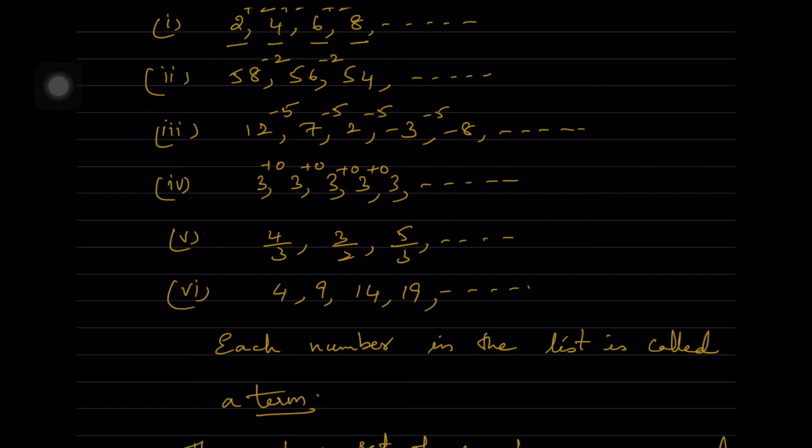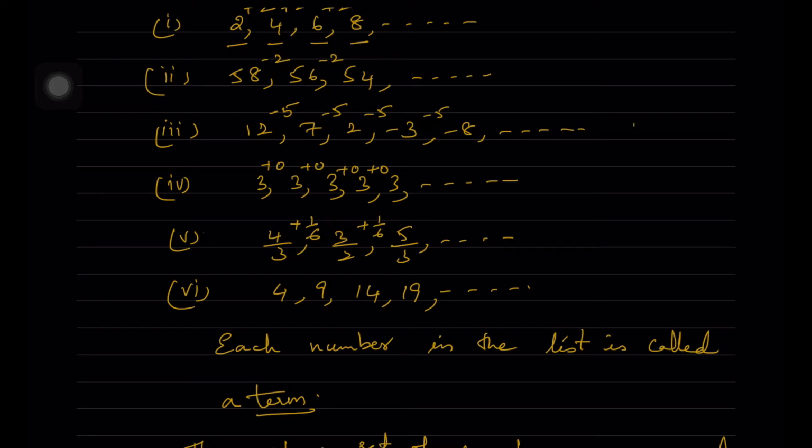So each term is 1 by 6 more than its preceding term. If you add, you get the next term. 3 by 2 plus 1 by 6 gives 5 by 3.